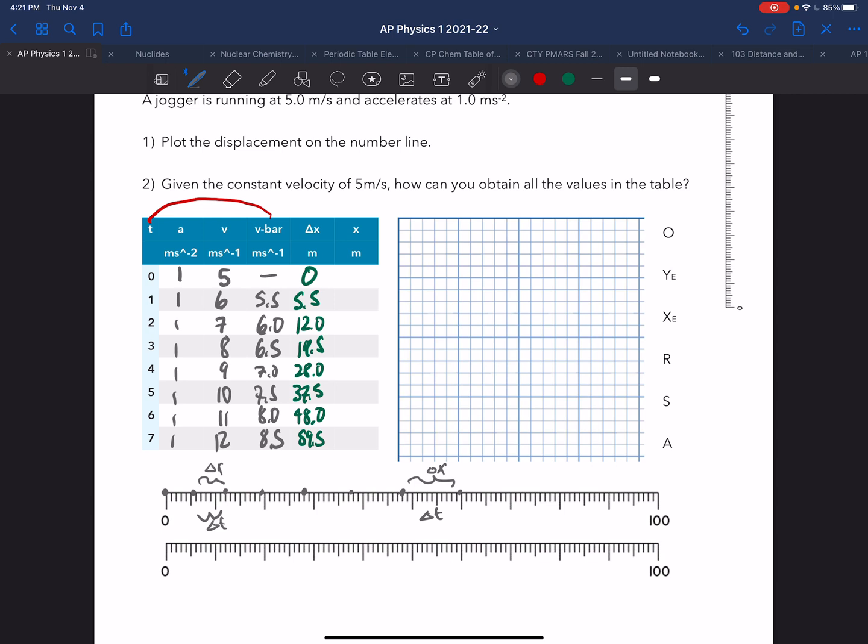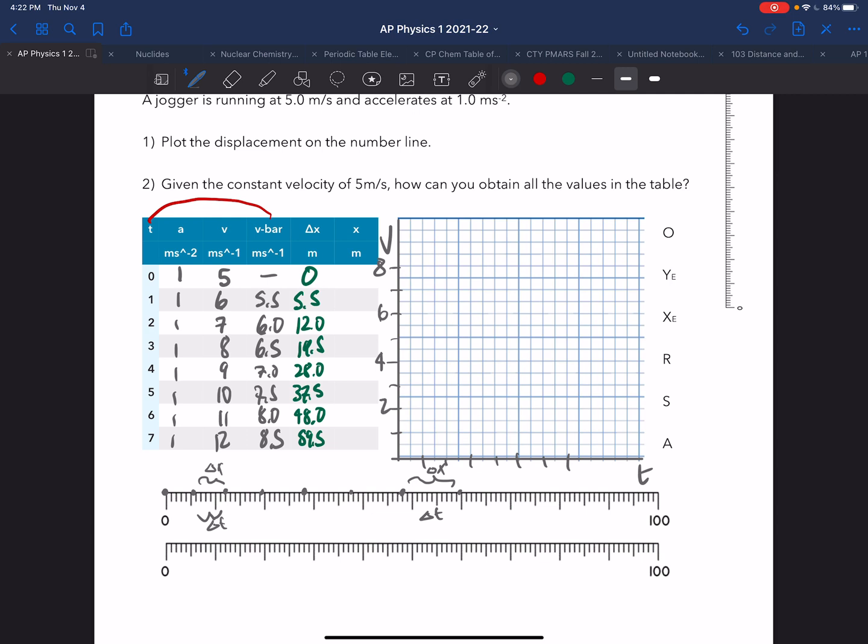Now, what does this graph look like? Well, here's our VT, and we have velocity that ranges up to 8, and time that ranges to 7. So 1, 2, 3, 4, 5, 6, 7. 1, 2, 3, 4, 5, 6, 7, 8.